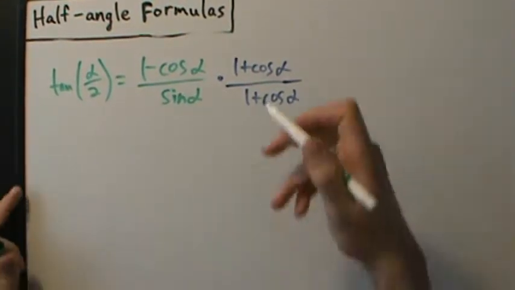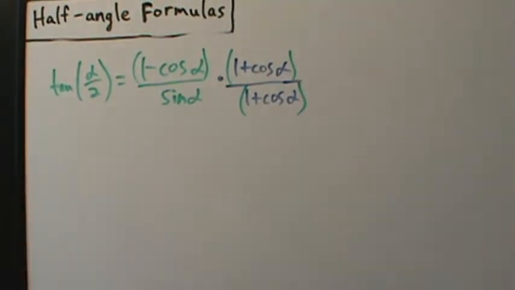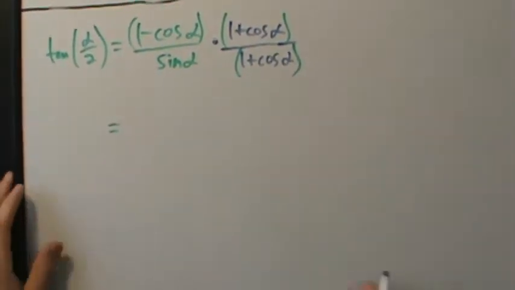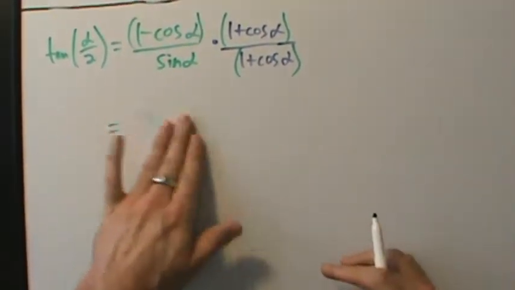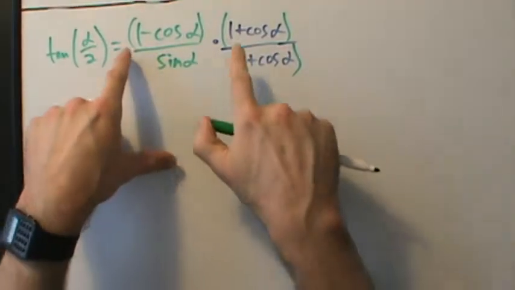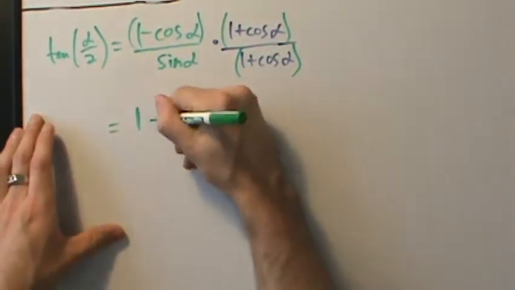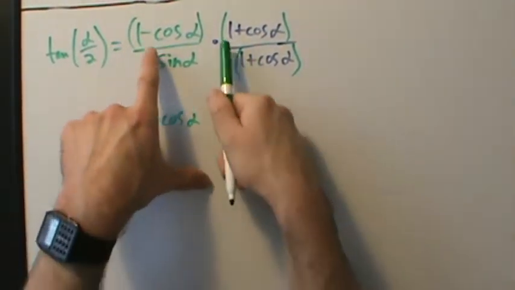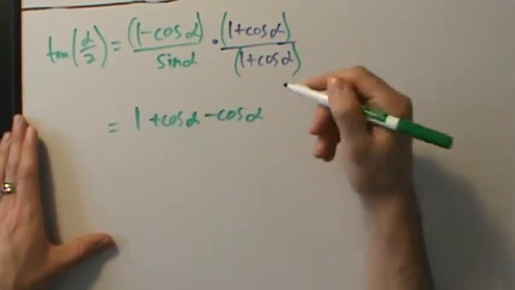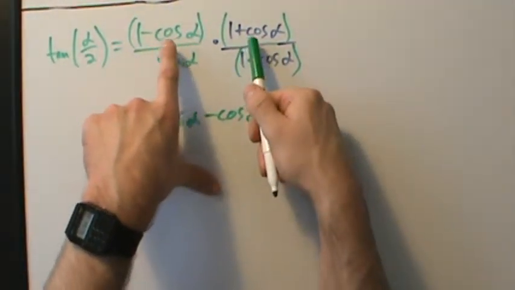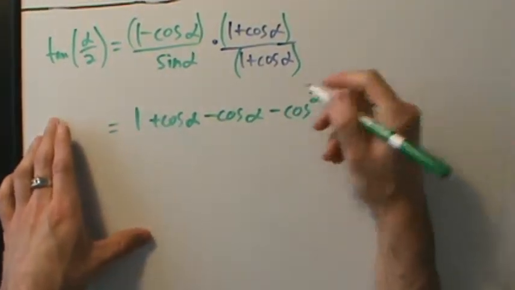So, parentheses, be careful about what's happening. On the top, if we FOIL, first is 1, outer is plus cosine alpha, inner is minus cosine alpha, and last is minus cosine alpha times plus cosine alpha, which is minus cosine squared of alpha.